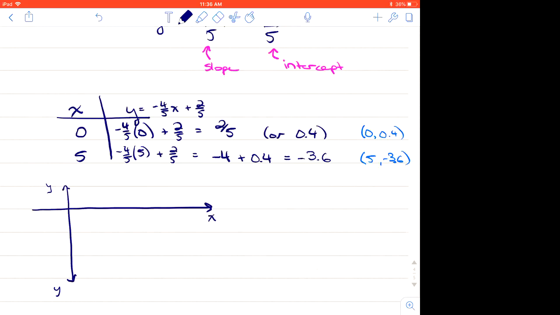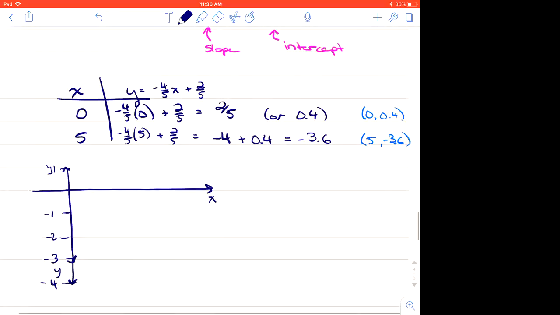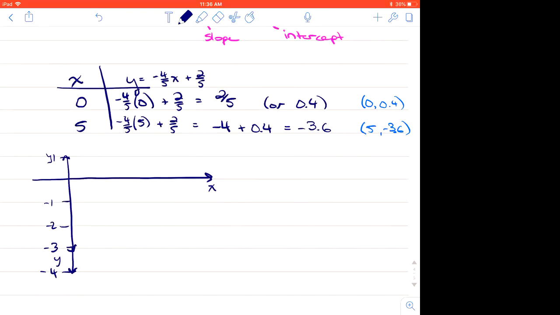Let's start with our first point. When x equals 0, then y is 0.4. So let's say each of these is 1, negative 1, negative 2, negative 3. Oops, should have kept going. Negative 4. And then 1, 2, 3, 4, 5. Got a little unevenly spaced, but you get the idea.